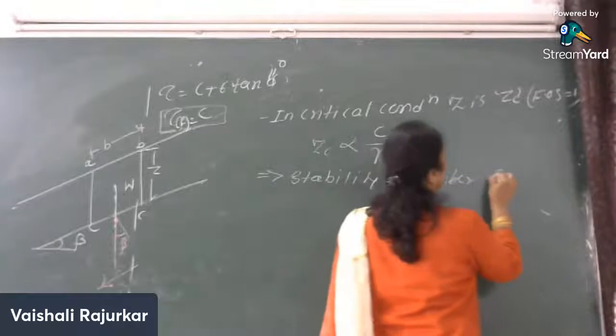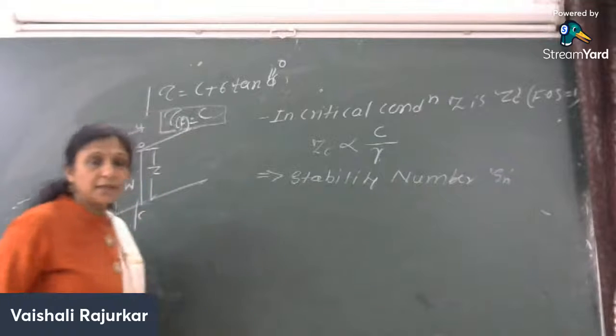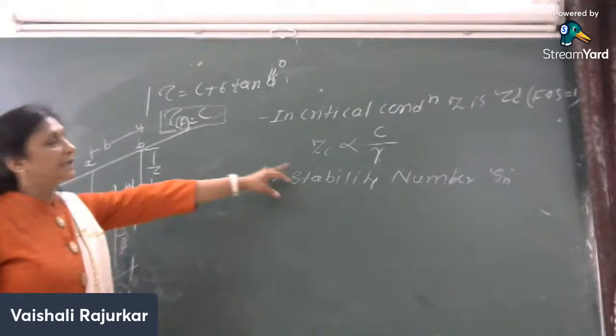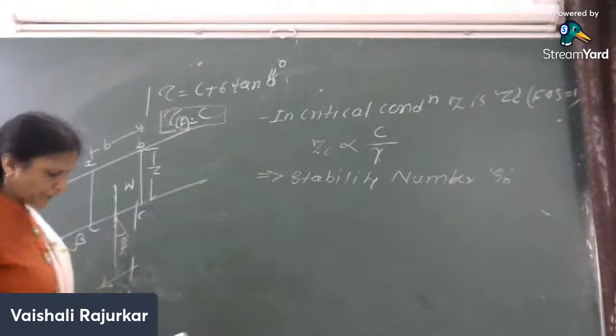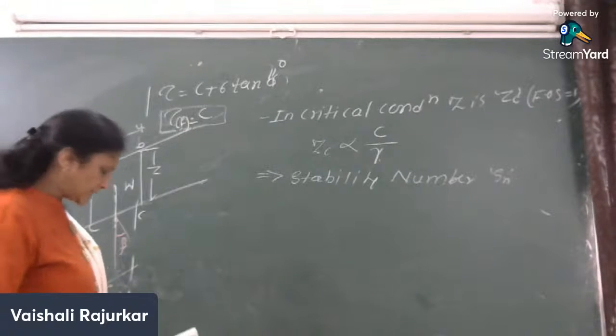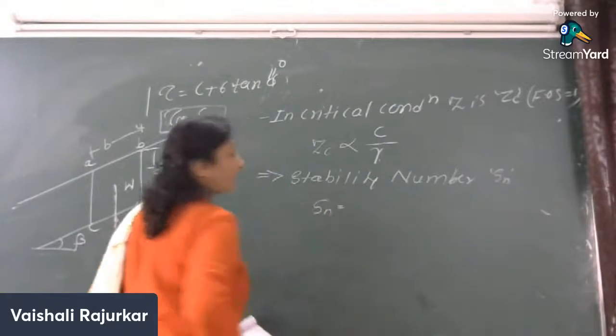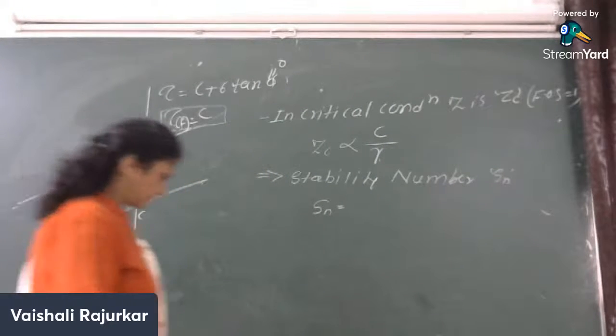For purely cohesive soil, the stability number, denoted by SL, gives the relation of ZC and C. So this dimensionless parameter SL is denoted by C upon gamma into ZC.